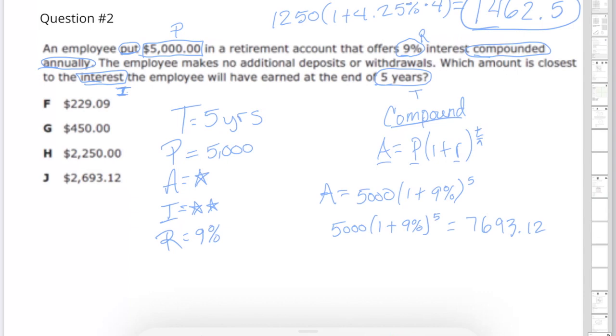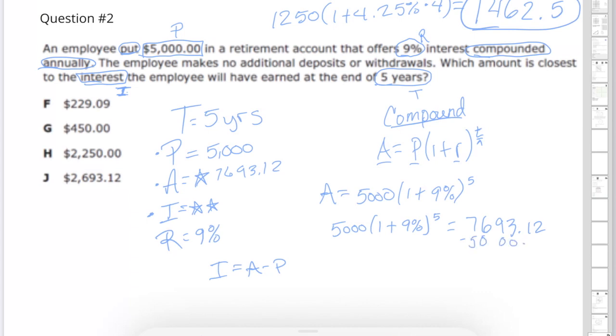But that's not it, because this was just A. Remember, we're still looking for I, so that's why we put 2 stars on I. We do have A, and we can fill that in at 7,693.12, but I'm still looking for I. The way we get to I is there's a little formula: I equals A minus P. Well, we have A right here, and we already have P, so all we have to do is subtract that. So I'm going to take this answer, 7,693.12, and subtract the 5,000, or the initial amount of money that we started with.